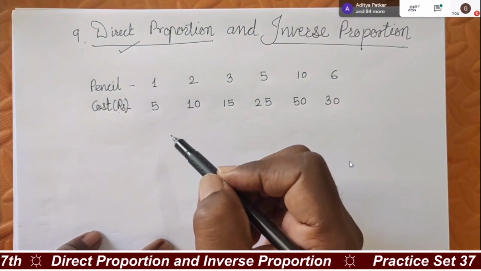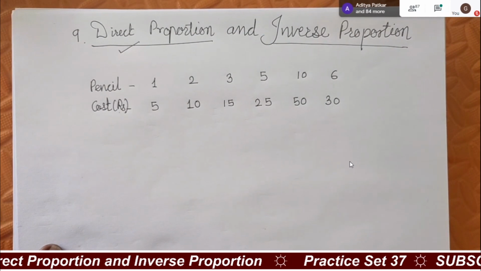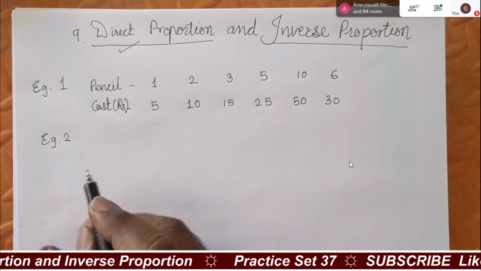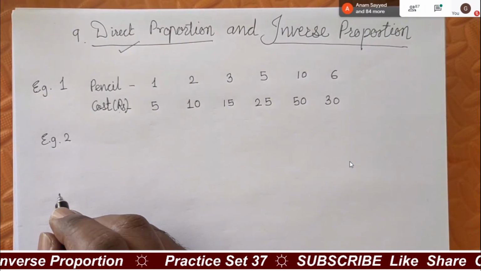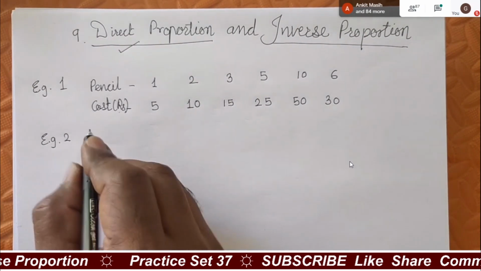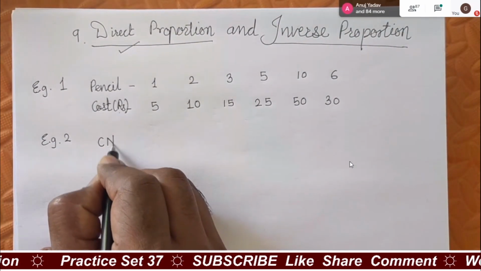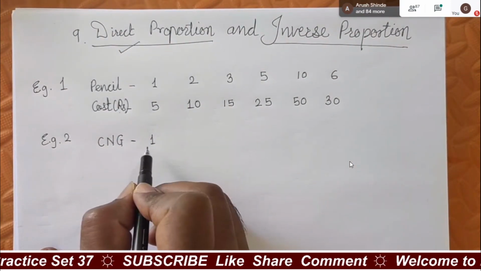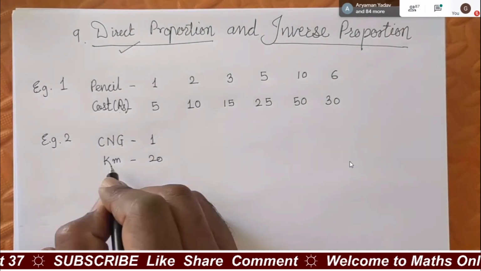The second example of direct proportion: if you have any vehicle, a 2-wheeler or 4-wheeler, I will take the example of a 4-wheeler, and suppose you have to fill CNG gas in that vehicle. Suppose 1 kg of CNG gas is filled, then it will cover 20 kilometers.